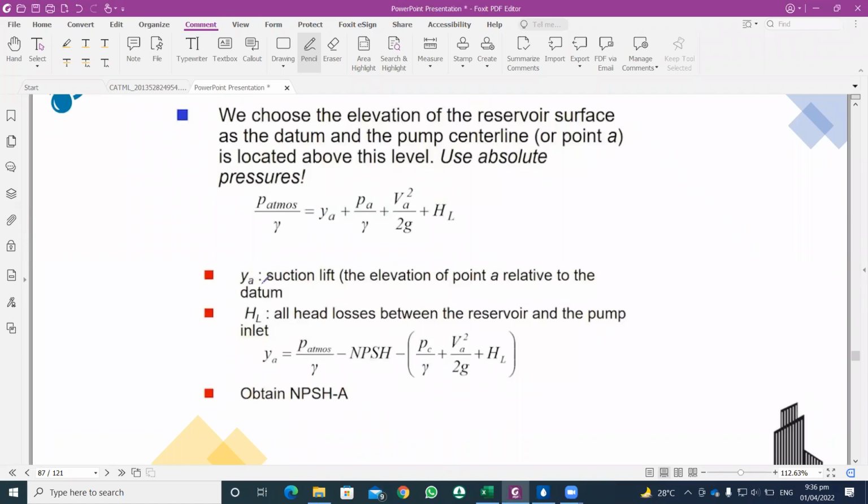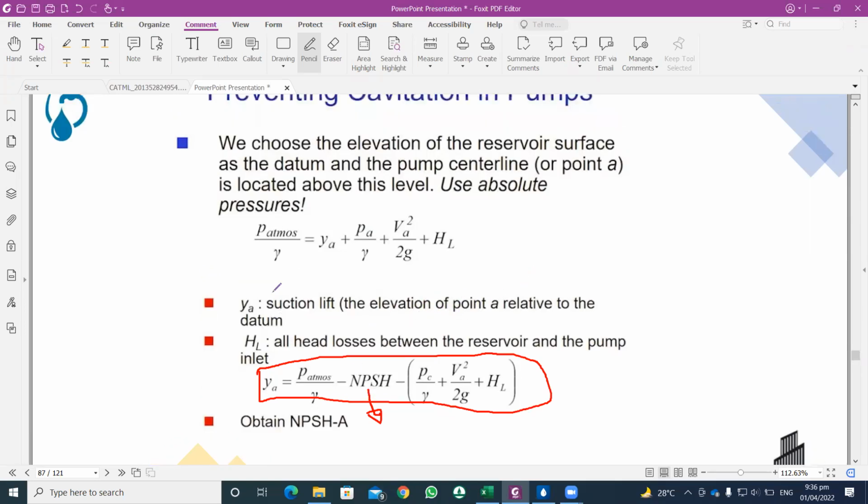So Hs is basically the suction lift, and HL is all the head losses between the reservoir and the pump inlet. This is the equation based on which the suction lift is calculated, and the NPSH is a very important parameter in order to design the pump or water supply network.